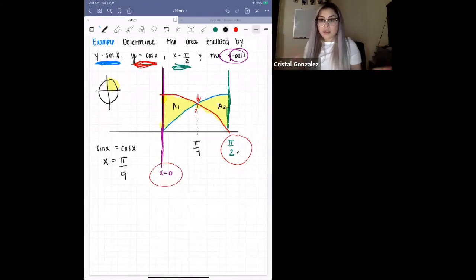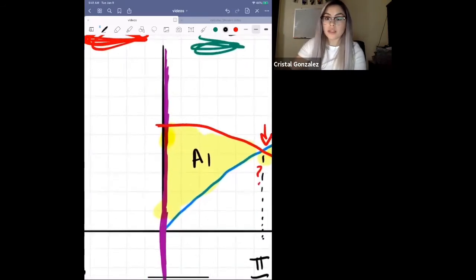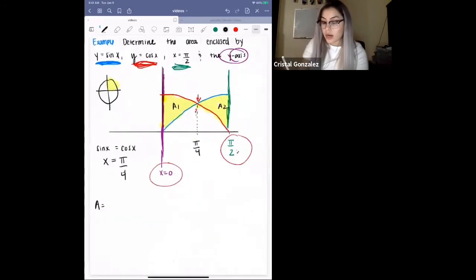But they happen differently. So I'm going to have my total area equal to A, and let's see how we can write this area 1. So for area 1, we start at 0, and then we're going to stop at the value pi over 4. So that tells me my bounds are from 0 to pi over 4.